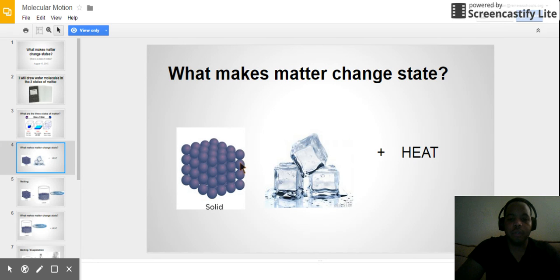Now, if we see on our diagram, solids are closely stacked together. Another example of solids are ice cubes.